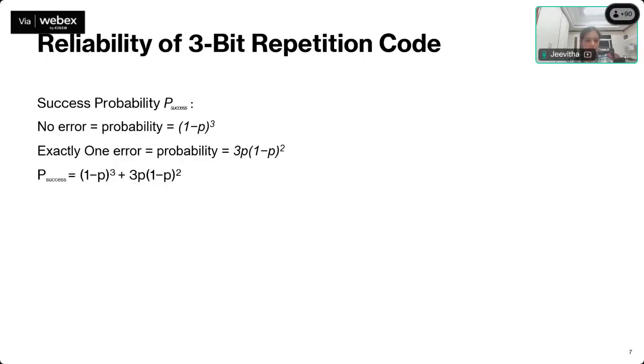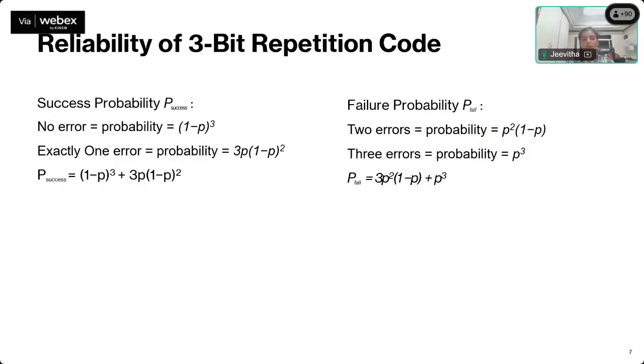So the probability of success is as shown. And the probability of failure: the 3-bit repetition code fails if 2 or more errors occur. Since we have only 3 bits, we consider 2 errors and 3 errors.